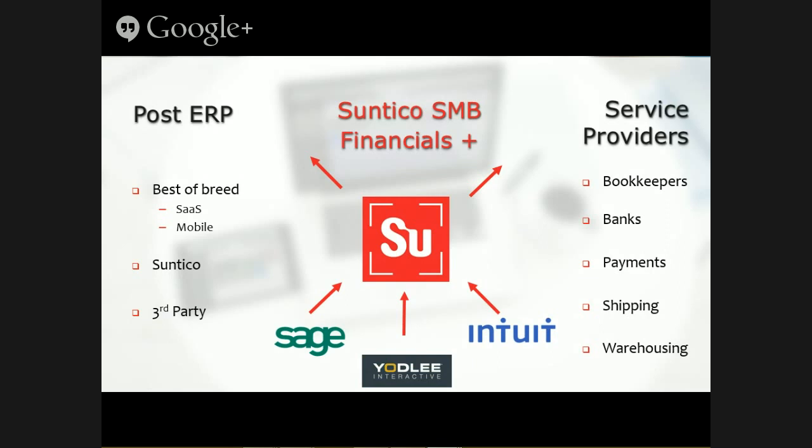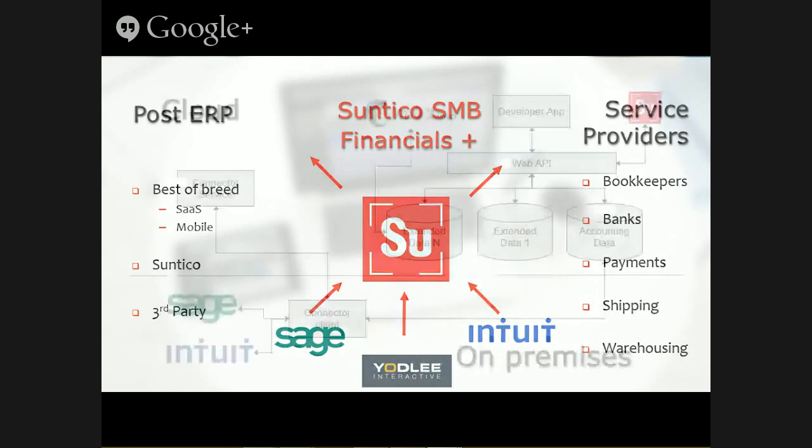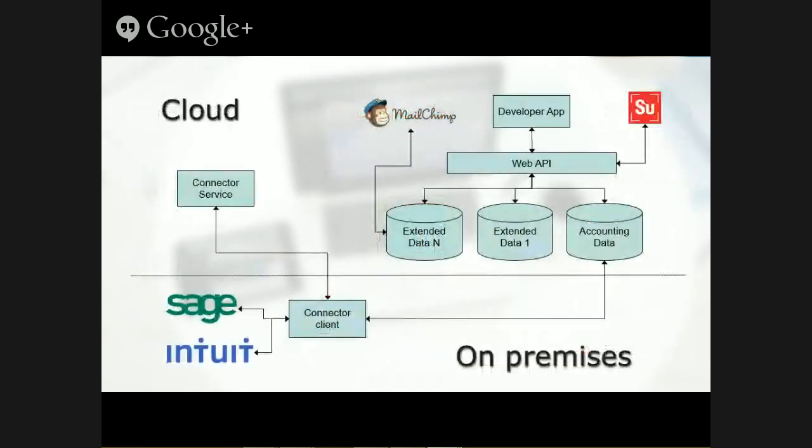Now, let me step on to the way it works in a little bit more detail. So what we have is the small business accounting software, which is on premises, typically Sage 50 or Intuit QuickBooks Desktop. And on premises, we install the Suntico Connector client. And this is the hard work that we've done for you, so you don't have to. And that Connector client polls the Sage system or the Intuit system, or whatever system it's connected into, and searches for updates for the third-party app.